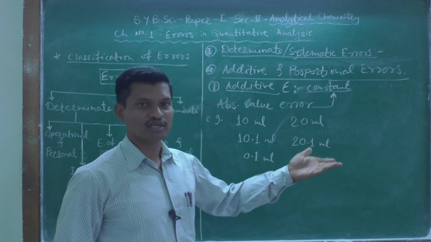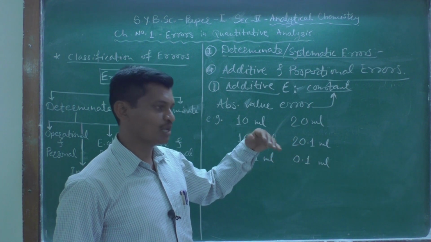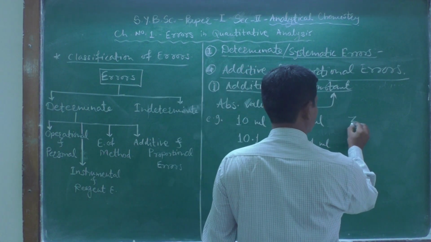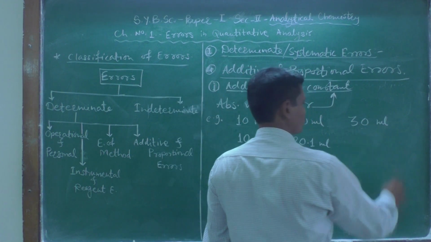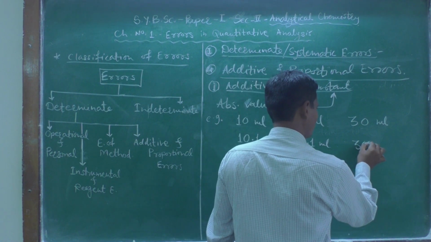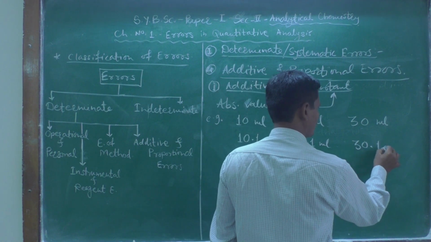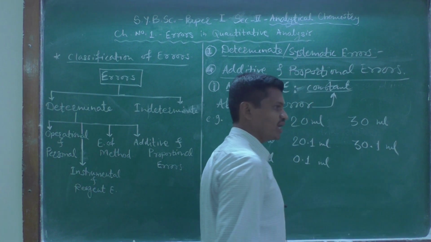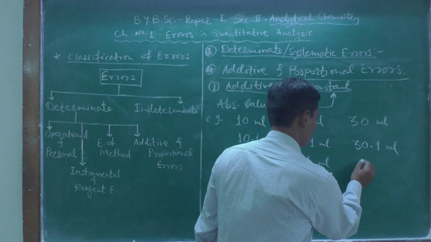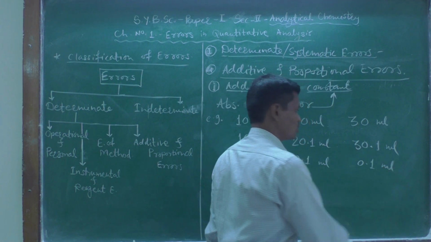If we triple the volume of titrant added to 30 ml, and the observed value is 30.1 ml, then again the absolute error is 0.1 ml.